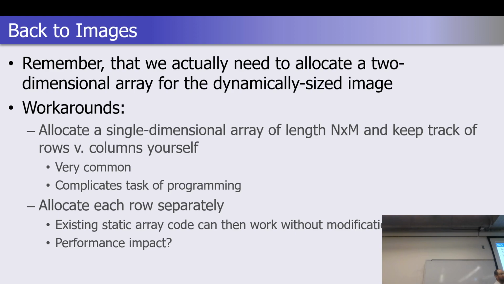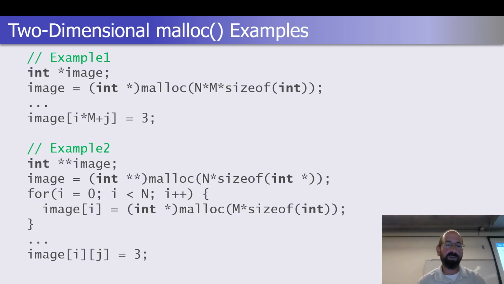It's a very subtle difference in performance. Here, we do one single memory allocation, and we do i times num columns plus j every time we want to access it. Here, we have to allocate a pointer for each row separately, and then to actually access array of i, j, we actually have to follow two pointers. So it's just a little bit more work that's required, but it's not enough of a performance difference that you really should sweat it too much.